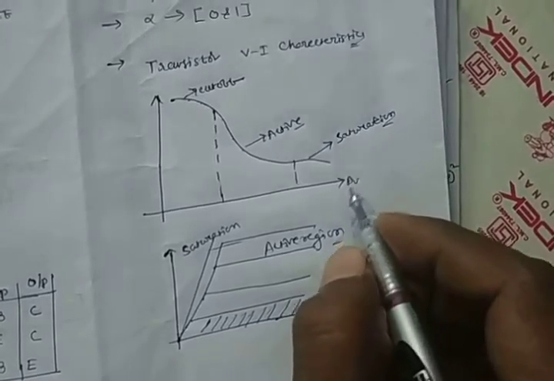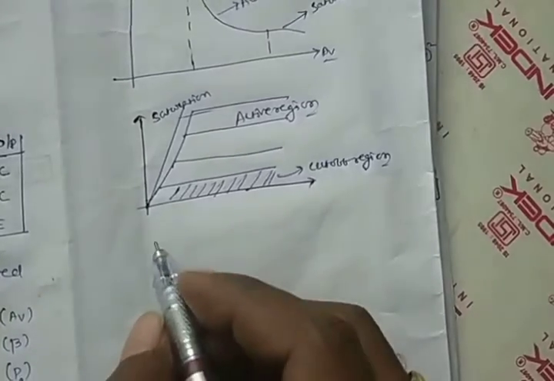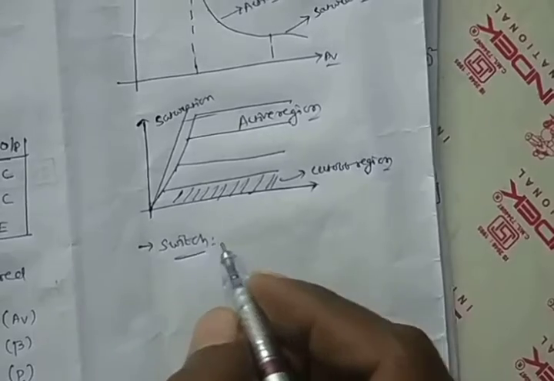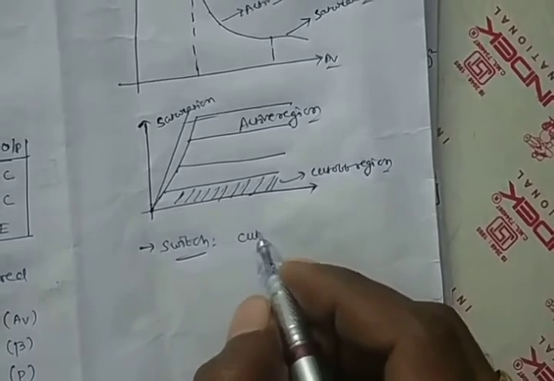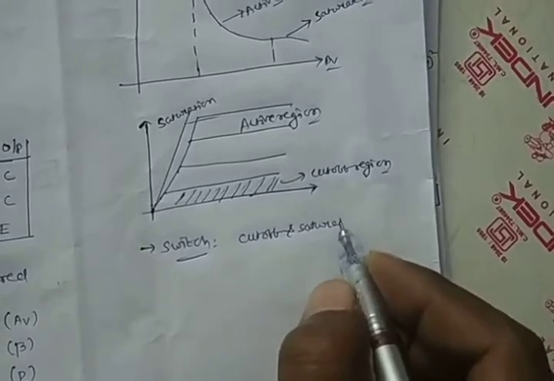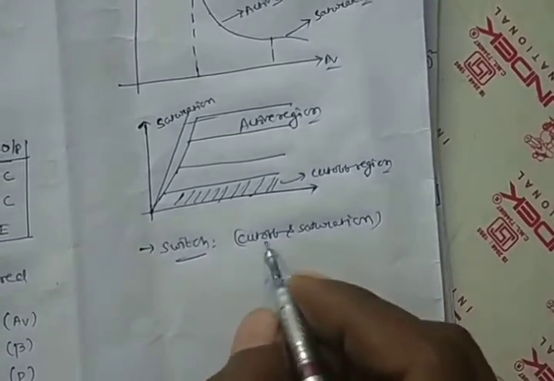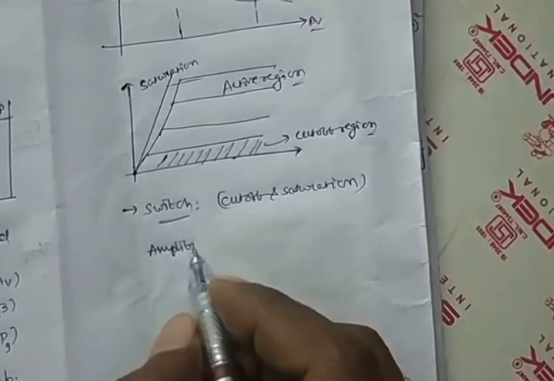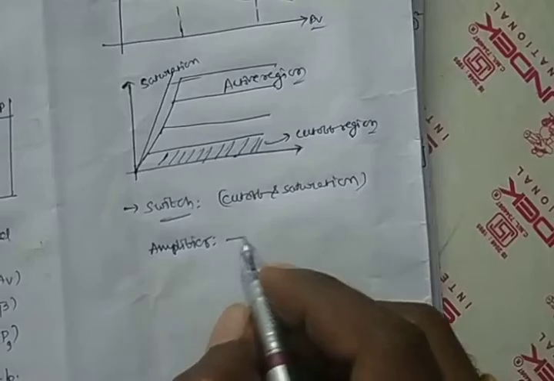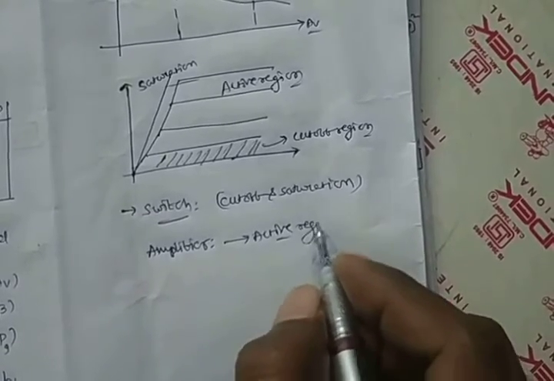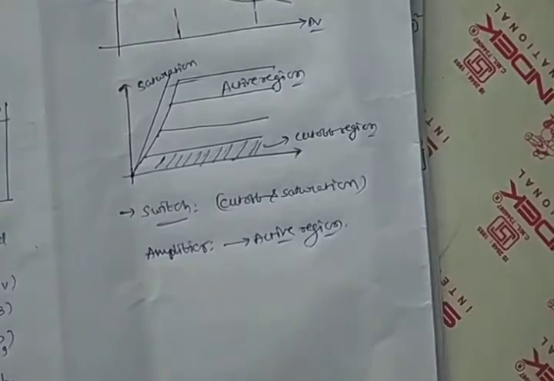Okay. So the transistor acts as a switch in cutoff and saturation regions. The transistor acts as an amplifier in the active region.